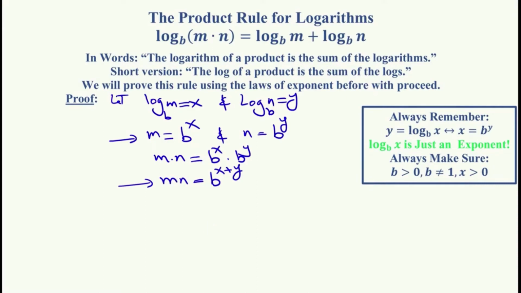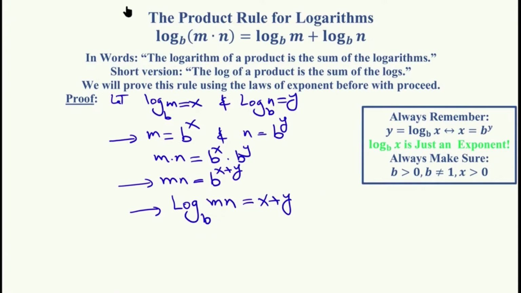So we end up with, this implies log base b of... Remember, you put the entire exponent on this side because that's going to be the logarithm, and the power, which is mn, will become the argument here.